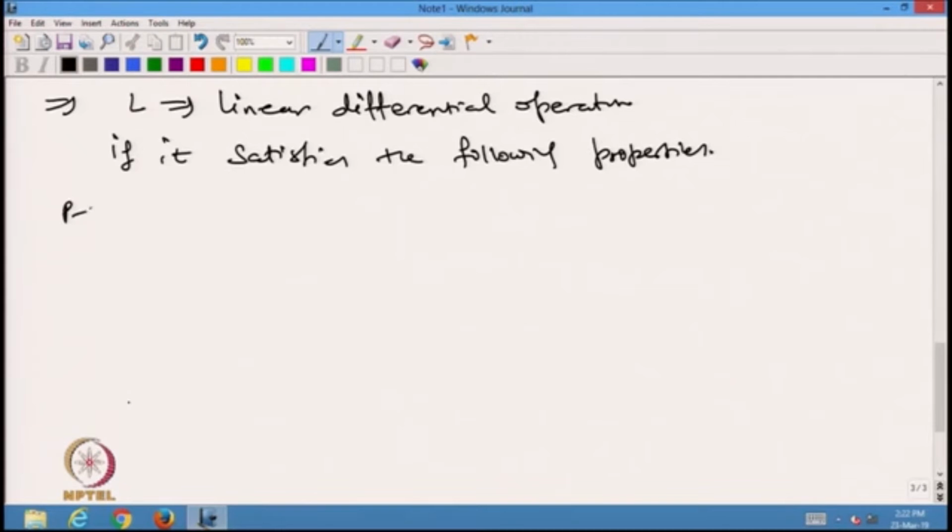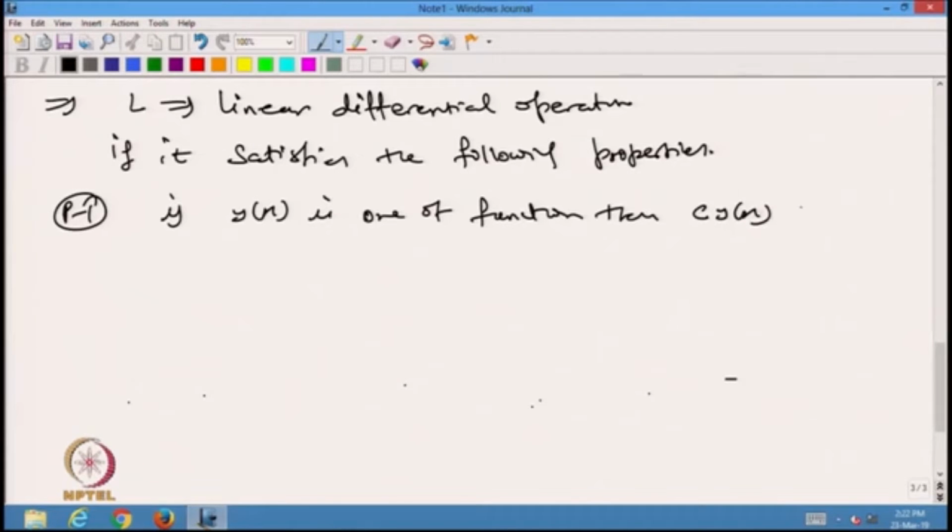So, what is that property? P1, the first property I am defining. If y(x) is one of the functions we are defining by y, then if I define C y(x), L of C y(x) will be equal to C times L of y(x).